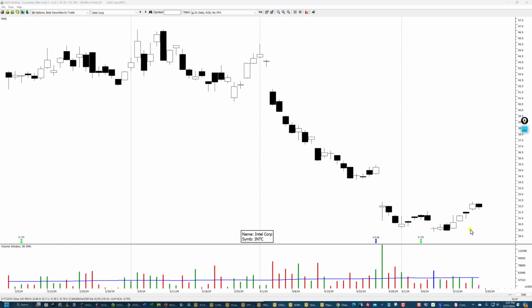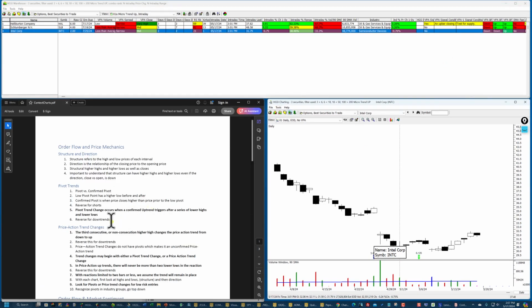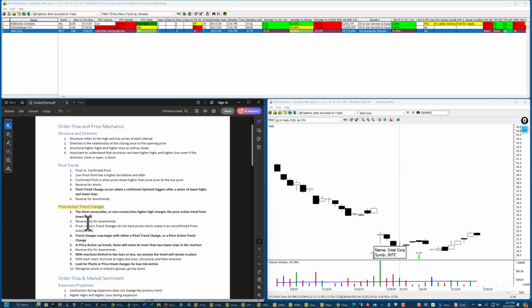Next, I'm going to look at this and determine if there has been a price action trend change. I'm going to minimize this and take you down here to price action trend changes. What we're looking for is the third consecutive or non-consecutive, should be consecutive, higher high, which will change the price action trend from down to up.